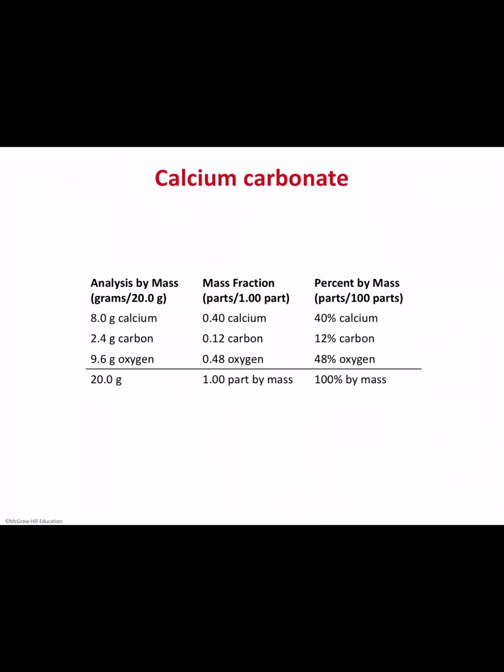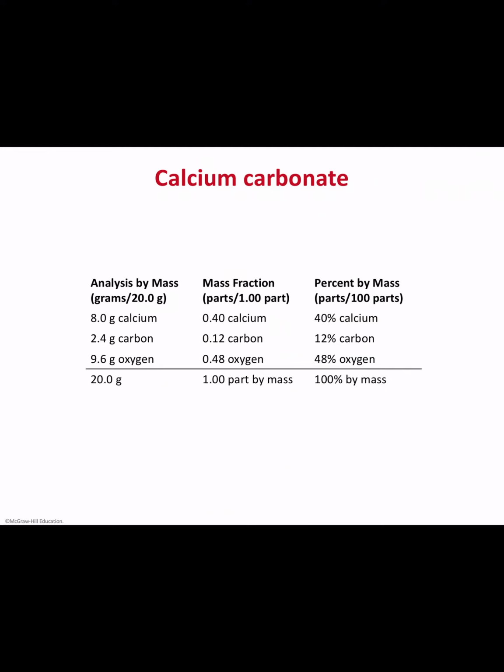Okay, so it's continuing with the calcium carbonate example. If you have a 20 gram sample, how do you find the mass of calcium, carbon and oxygen? So if you have a 20 gram sample, analysis by mass of grams per 20 grams.